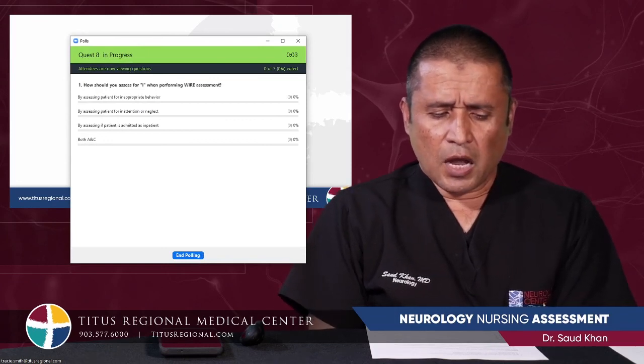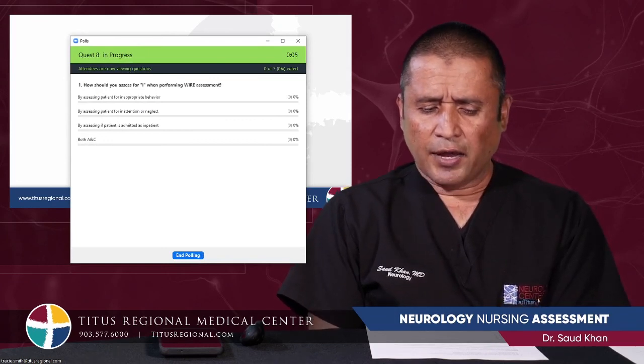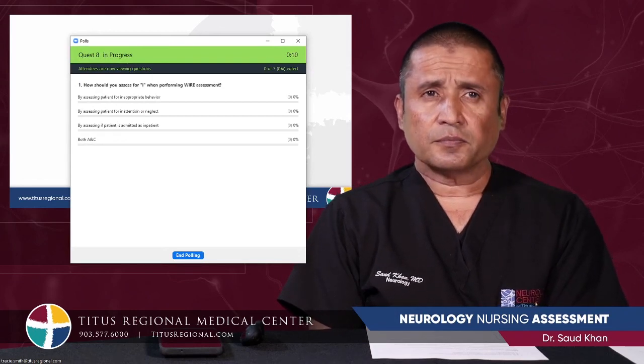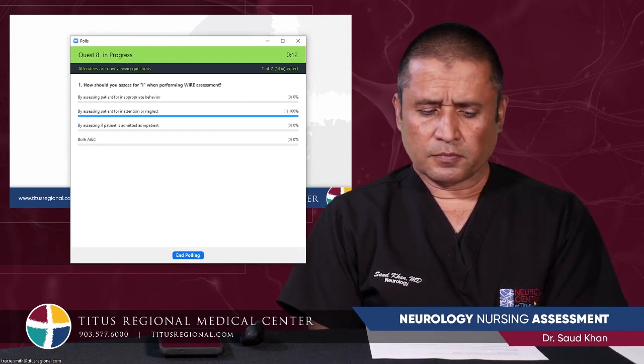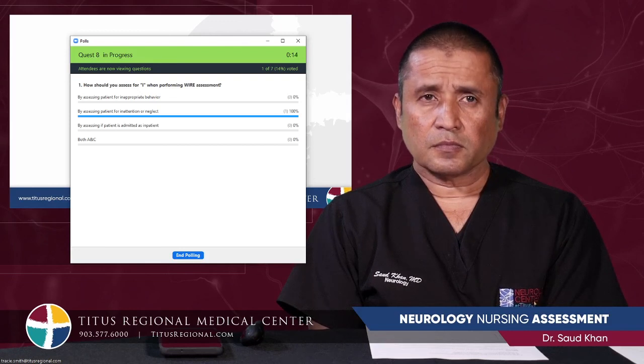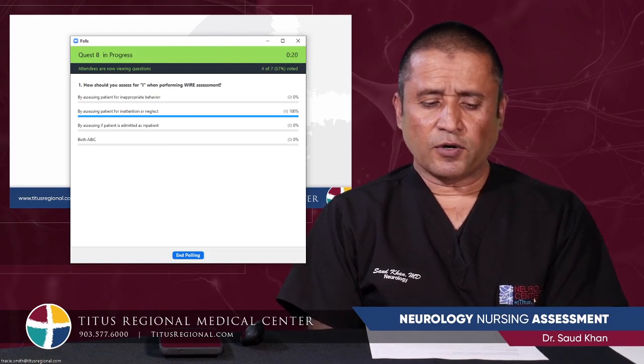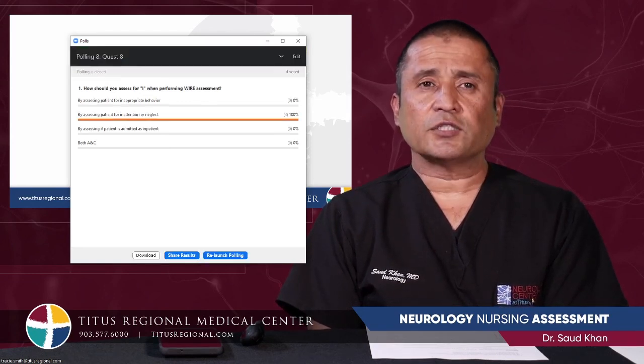Question number 8. How should you assess for the second E when performing the WAVE assessment? By assessing the patient for inattention or neglect.